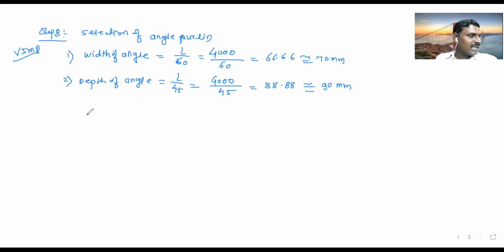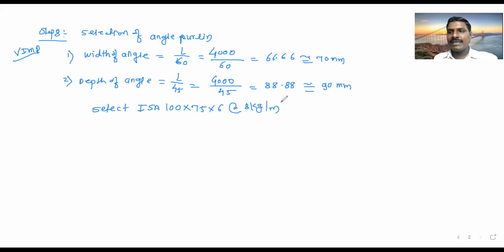Now you can see the section in IS code, where the section is available. Select ISA 100 by 75 by 6 at weight 8 kg per meter. Here area is not required. Only two dimensions are required: the first is depth of angle and second is width of angle. The minimum depth required is 90 mm and the width required is 70 mm.